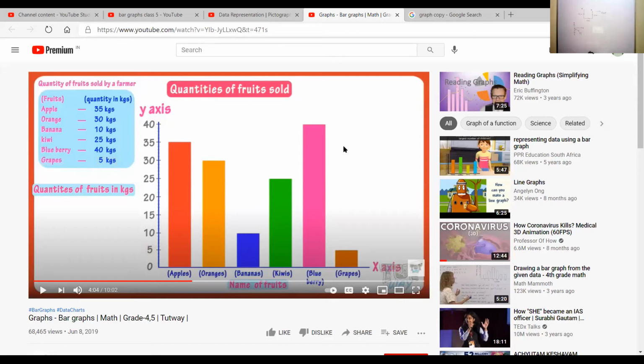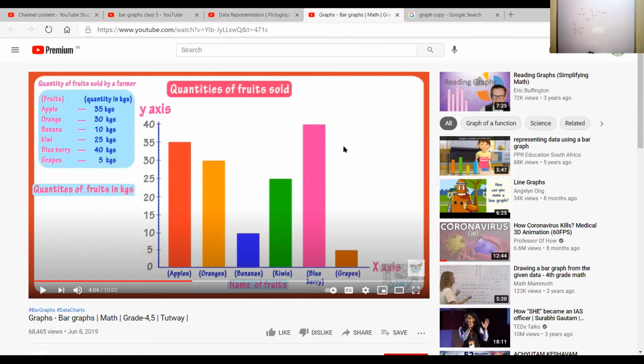So pictographs you have already done. You can see in your book, an example of a pictograph is given. Then on the next page, page number 176, there is an example of a bar graph also.